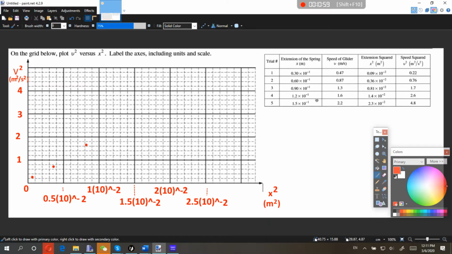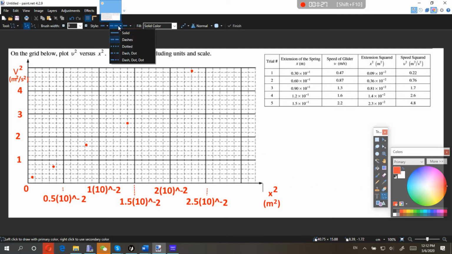Okay, this isn't going to be perfect, but 1.2, 1.4, sorry, and 2.6. 4 and 2.6. 2.3, 4.8. 3, 4.8. Okay, so we'll pretend that was great.